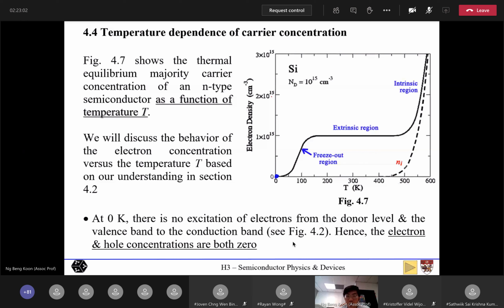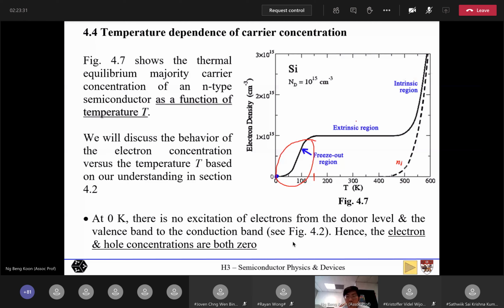Electrons are the majority carrier concentration. If you plot the graph of the majority carrier concentration with respect to temperature, this is the kind of graph that you expect to see. This graph actually has three regions. You have a region where the majority carrier concentration is slowly increasing. In the case of silicon, that occurs up to about 150 Kelvin in temperature, this point here.